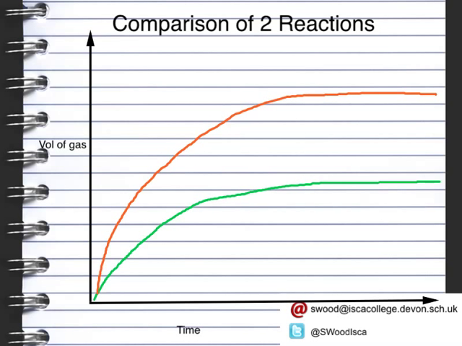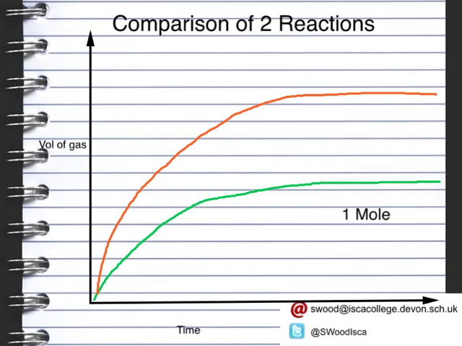Now the difference between these two graphs is the amount of one of the reactants. If we look at the green line first of all, this has a reactant which has a concentration of 1 mole, or there's 1 mole in terms of the amount. Now this means that we produce this amount of gas.